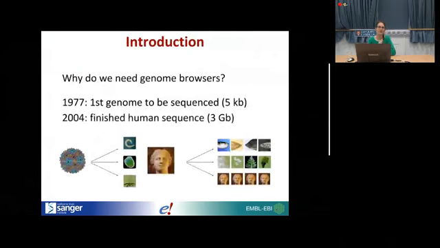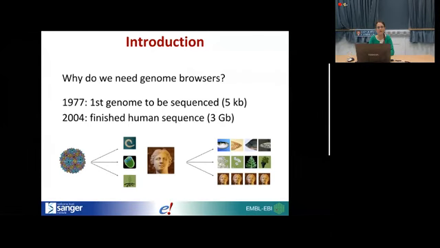So we'll start with talking about what genome browsers are and why we need them. Ensembl is a genome browser, and they're really important, they're really useful because what we seem to be producing a lot of in modern science is genomes.